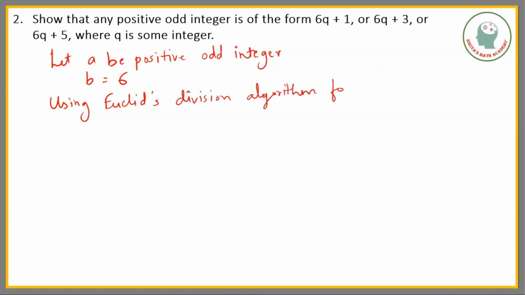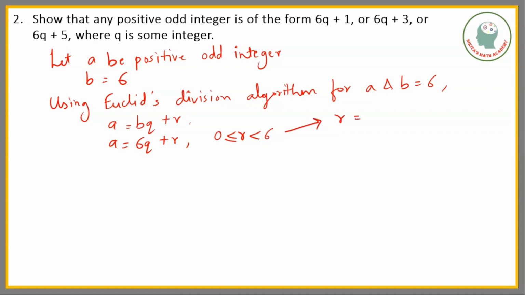for a and b equals 6, we have a equals bq plus r, where q is the quotient and r is the remainder. Now for b equals 6, it will be 6q plus r. Here the value of r will be greater than or equal to 0 and less than 6. Now students, this is an important step. This implies that the value of r can be 0, 1, 2, 3, 4 and 5.